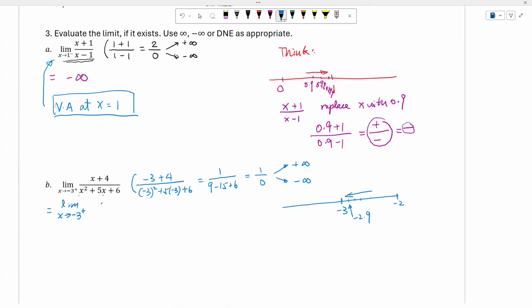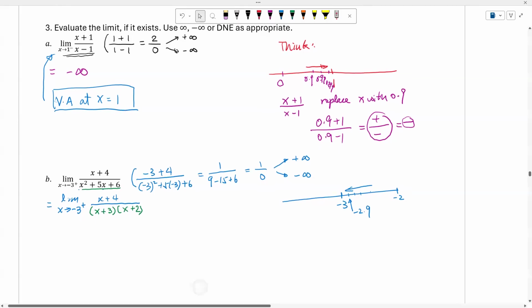I find that this expression is a quadratic, x squared plus 5x plus 6, and I can factor it as x plus 3 times x plus 2.